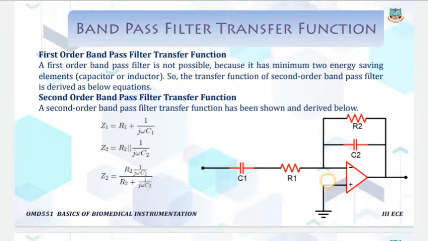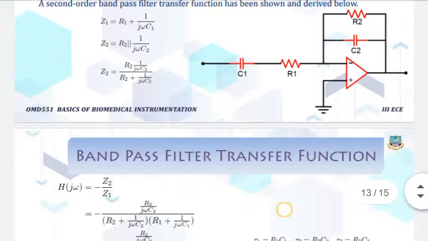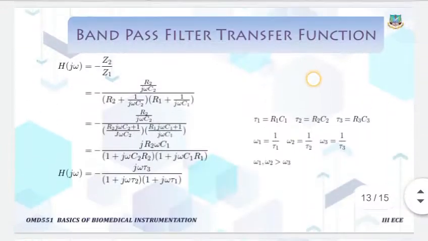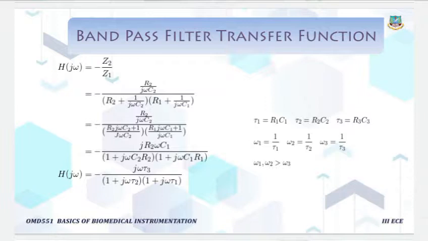That is equal to R2 into 1 by j omega C2 divided by R2 plus 1 by j omega C2. Okay, this figure shows the bandpass filter with op amp. This is the transfer function. You just have to go through it, and if you have any doubt, you can ask. Okay.